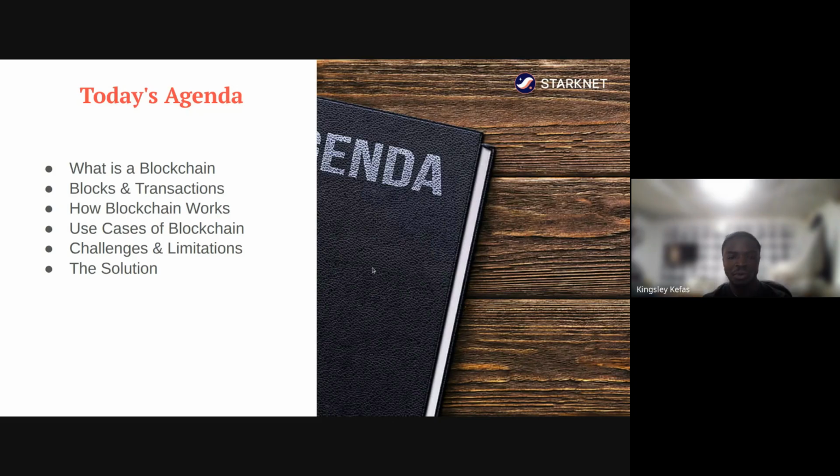Now, another keyword is immutable, right? Now, what does immutability mean? Immutability basically means you not being able to alter that data, right? Basically, once the data is there, it is there. Even if, let's say, for instance, you are updating the state of the data, the previous record will still be there.